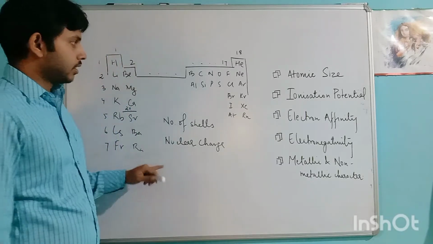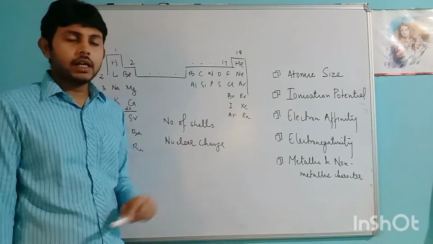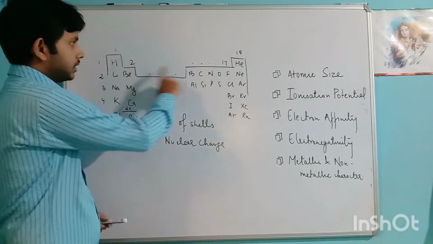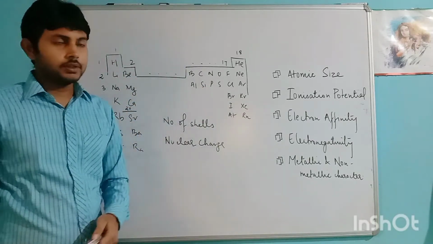Okay, nucleons is the difference between atomic mass number and atomic number. So nuclear charge increases across the period and also increases down the group.